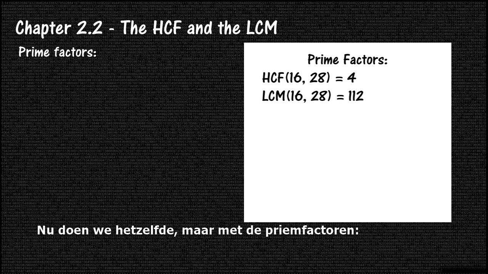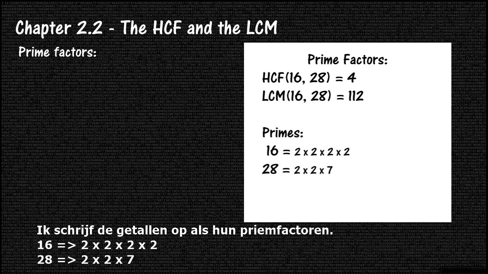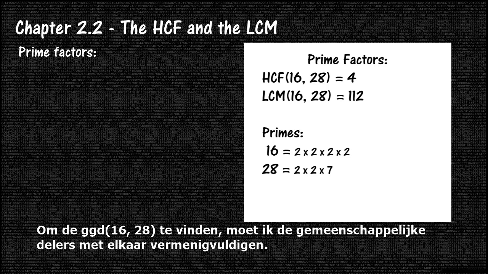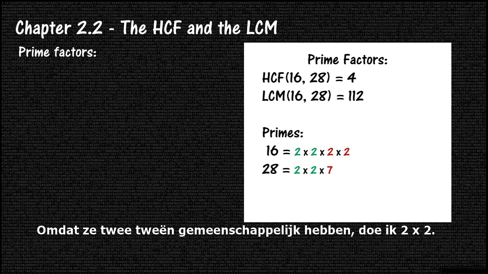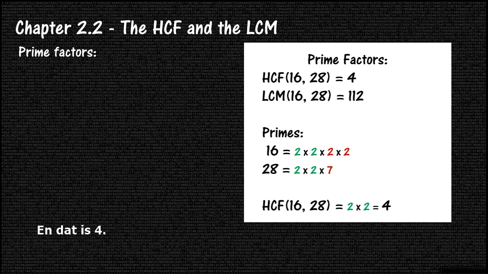Now let's do the same but with the prime factors. 16 can be written as 2 times 2 times 2 times 2. 28 can be written as 2 times 2 times 7. For the HCF, I multiply the common factors. As there are two 2's in common, I only have to do 2 times 2, which is 4, just like we had earlier.